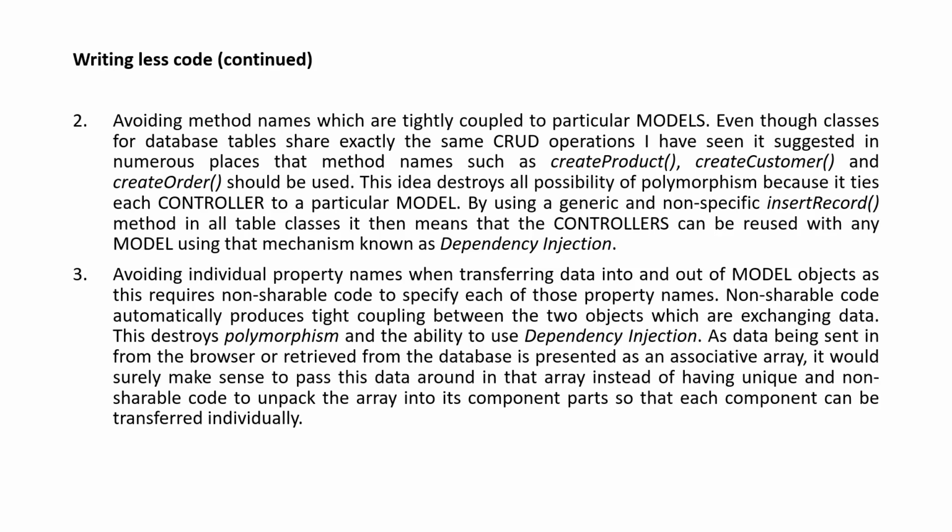As data being sent in from the browser or retrieved from the database is presented as an associative array, it would surely make sense to pass this data around in that array instead of having unique and non-shareable code to unpack the array into its component parts so that each component can be transferred individually.